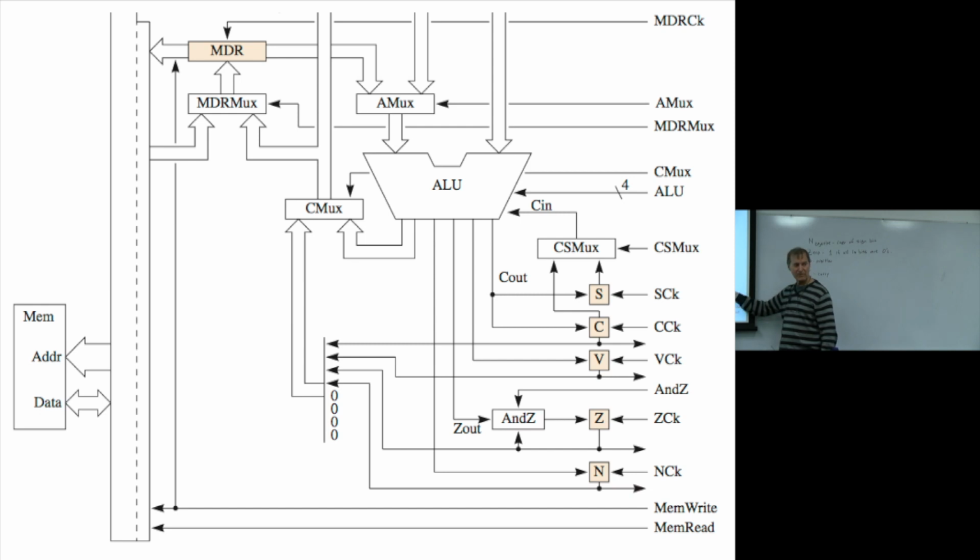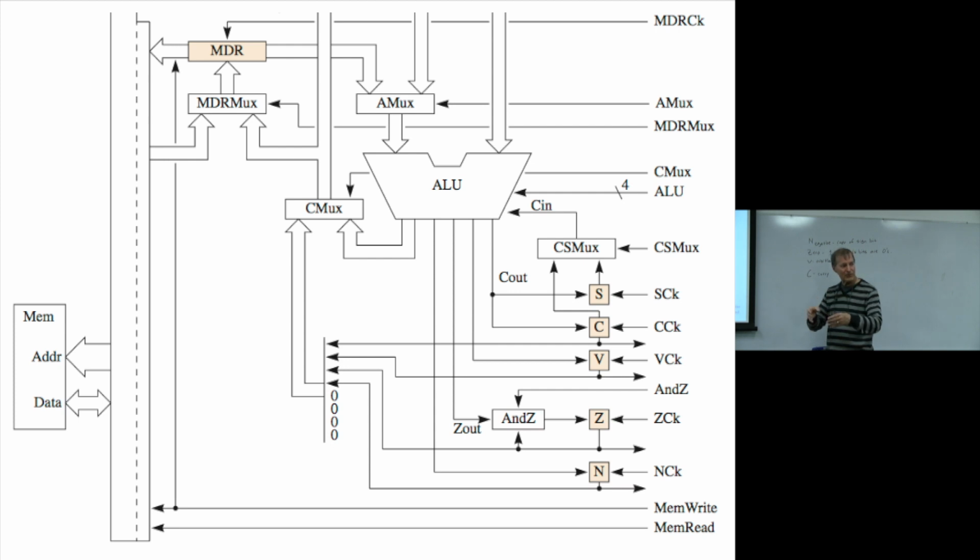Are you with me? But then on the high order half, what will we want to be clocked into this Z bit? What has to be true? The AND of that Z out and the previous Z out. Yes.